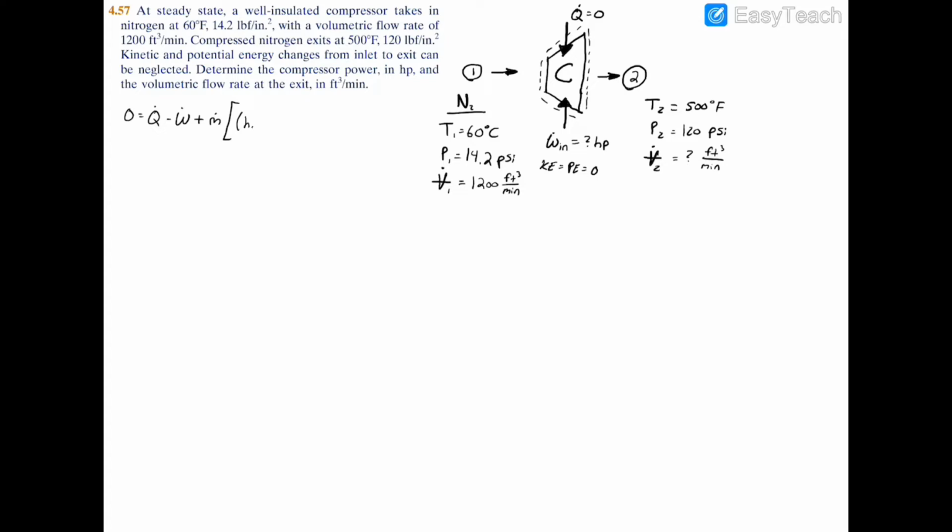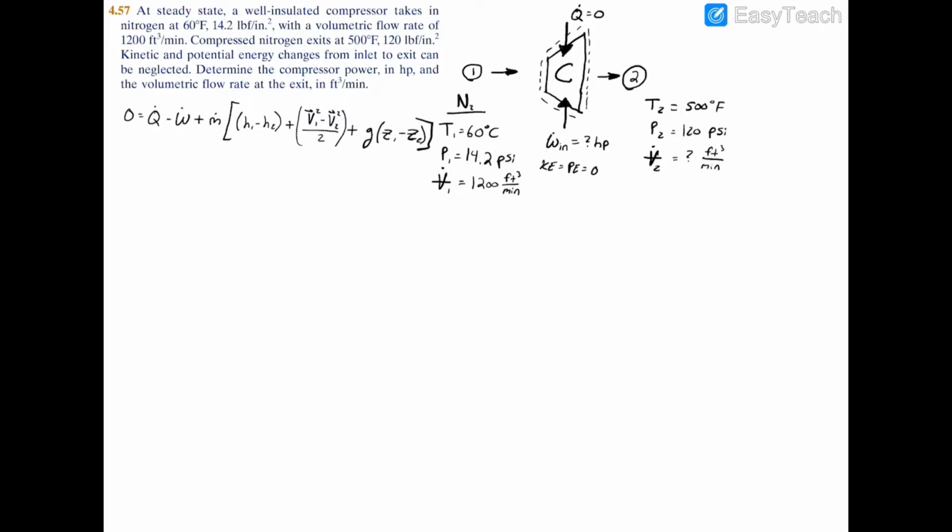So it's going to be h1 minus h2 for your enthalpy, plus your kinetic energy, which is V1 squared minus V2 squared, with a vector here so we know we're talking about velocity, divided by 2. That's just your kinetic energy formula, plus your potential energy, which is going to be gravity times the change in height, so g times z1 minus z2. And this here is your energy balance equation.